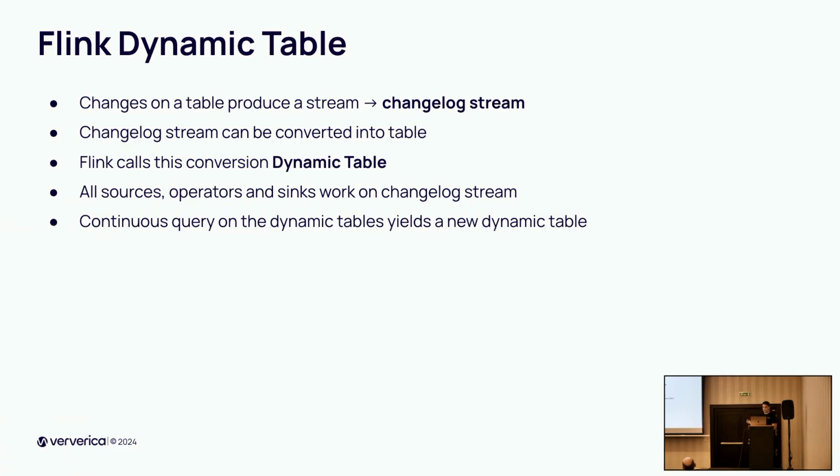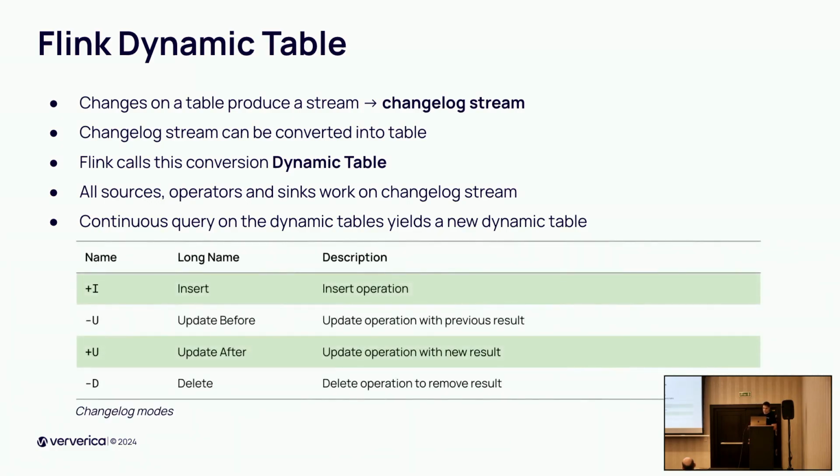In continuous queries, results will be dynamically updated when you have a change in your input data. Another thing we should look at is that the changelog stream has a mode. So if you are only inserting records into a dynamic table, it will have the insert mode, which is indicated by +I.